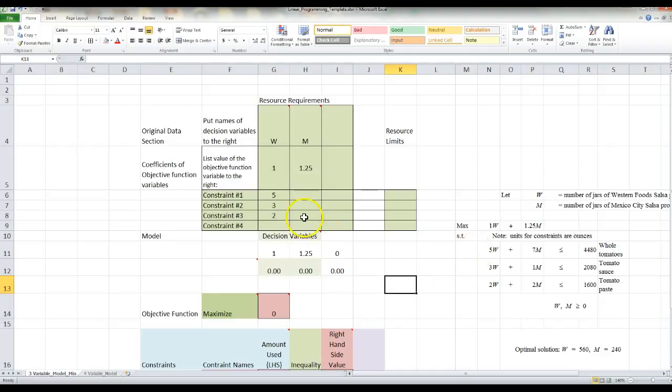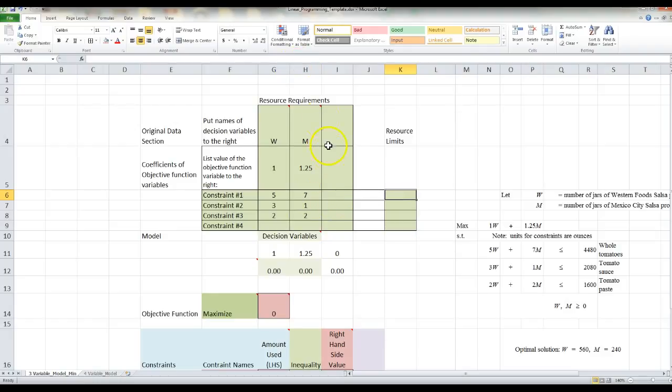So this 5, 3, and 2 comes from the constraint equations, the coefficients on each respective variable in each constraint equation. So that's my 5, 3, and 2. I'm going to have 7, 1, and 2 as well.